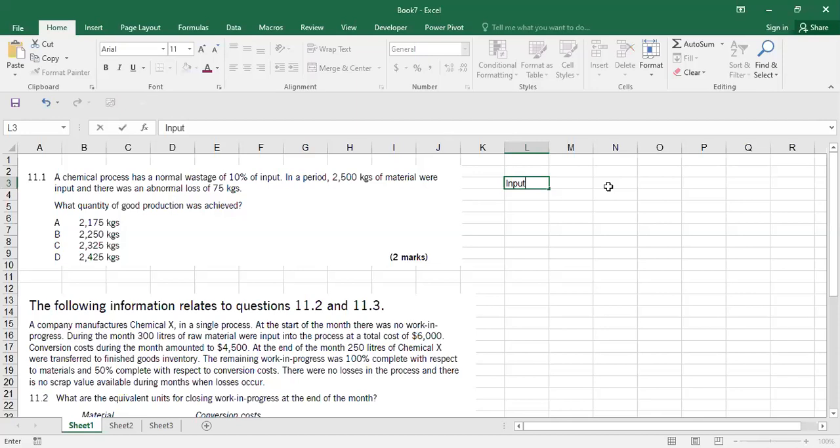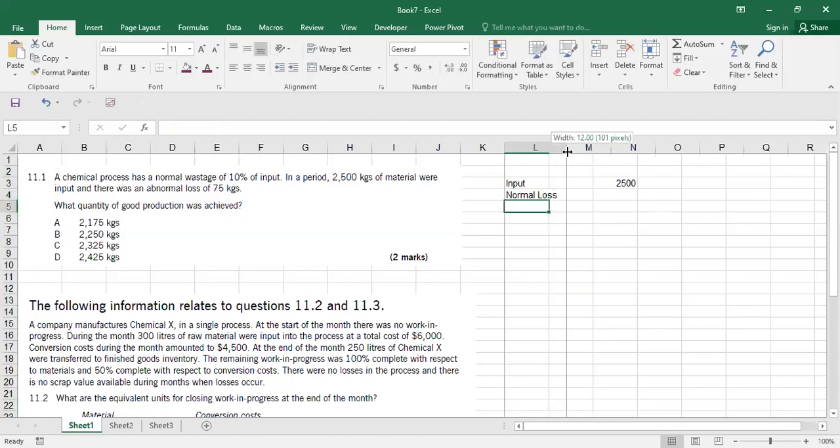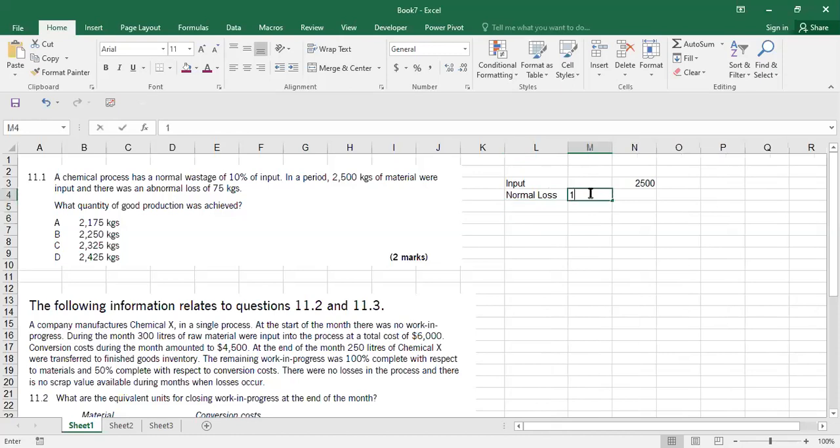You know that you have input, you have 2,500. Then you have your normal loss. And it says that normal loss is 10% of your input. So if you consider this as 10%, it is minus 250.